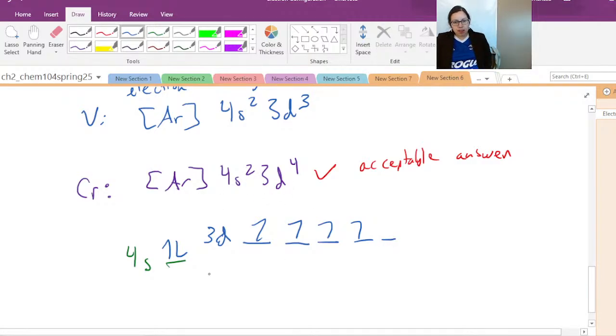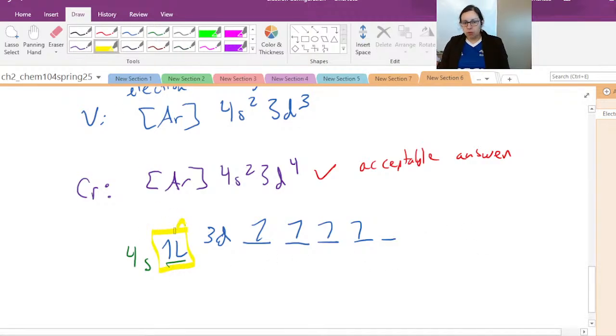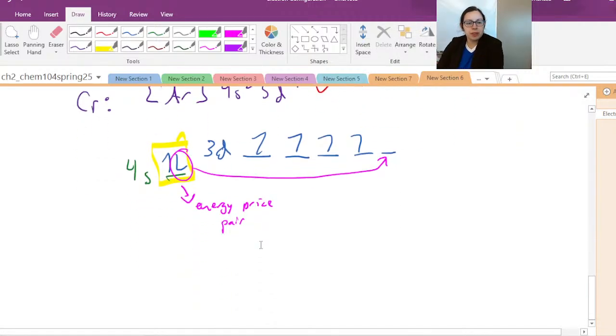And so now you can see where there might be some room to play energetically. Because remember, we're paying an energy price for that pairing. So then it's actually energetically favorable to put this one in its own separate orbital. And that makes the d orbitals happy too, that it has one electron in each one.